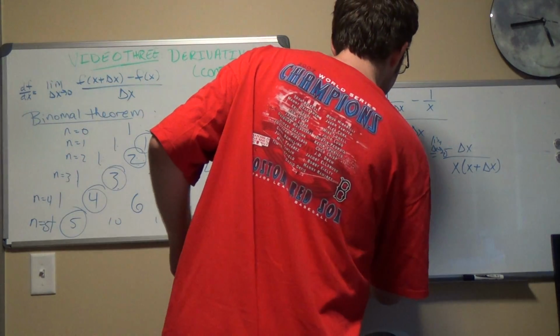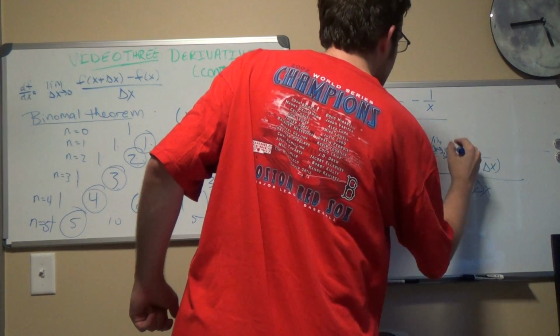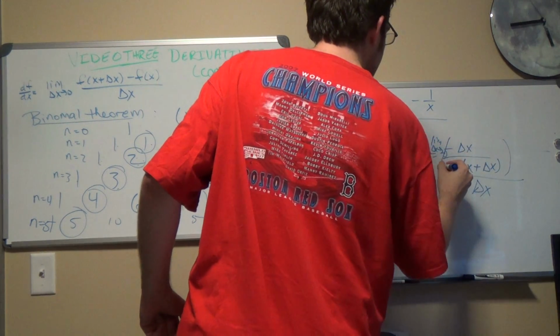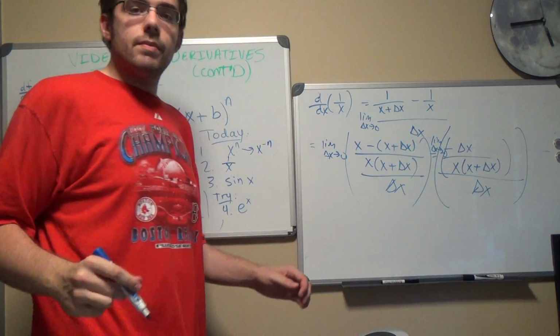Oh, and I forgot the delta x. I knew I was forgetting something. So we're dividing this entire thing, and the entire fraction is, you're taking the limit of that.